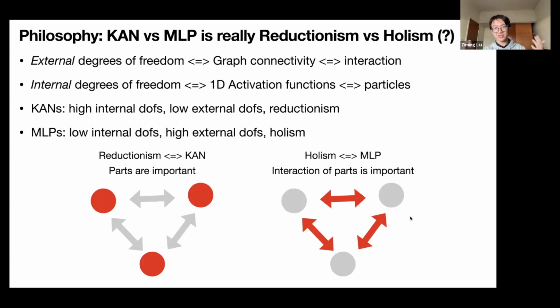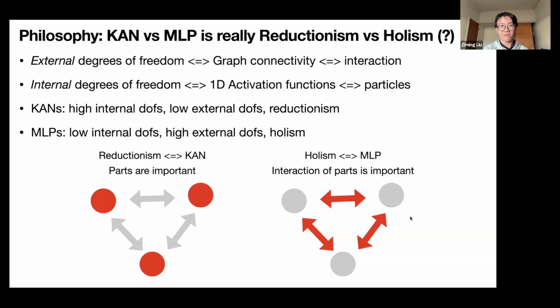Reductionism is quite prevalent in science, especially in physics, where no matter how complicated the system is, we believe that we can always decompose this very complicated thing into separate objects, plus some simple interaction between these objects.